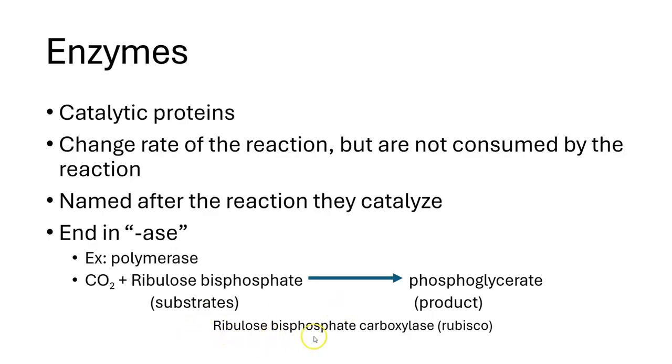It's called ribulose biphosphate carboxylase, and that's actually also oxygenase, but there's the ASE ending there. So some of them can get very long. And sometimes we give them an alternative name that's a little shorter. So ribulose biphosphate carboxylase is called Rubisco. So there's no ASE ending on Rubisco, but its real true name does have that ASE ending to it.